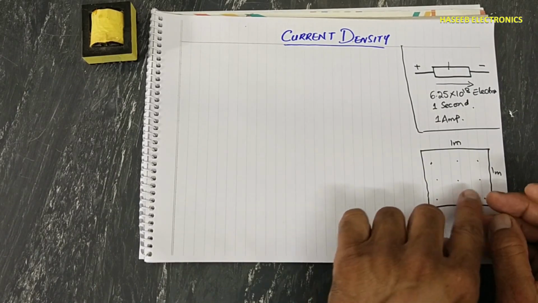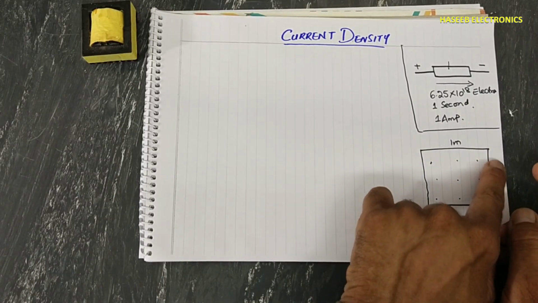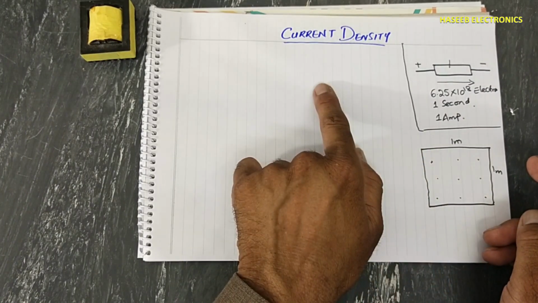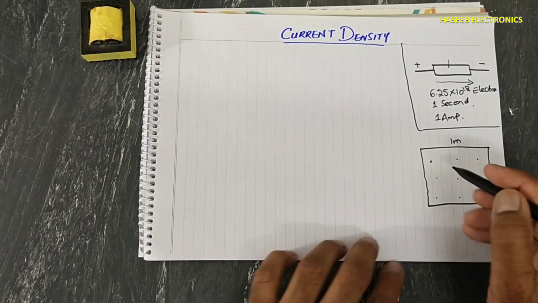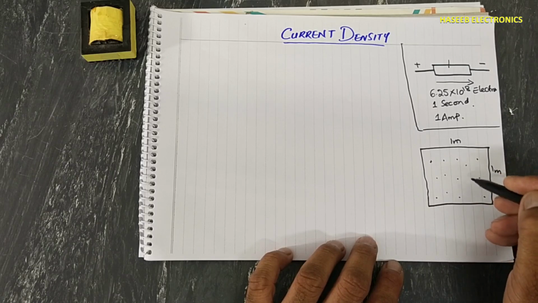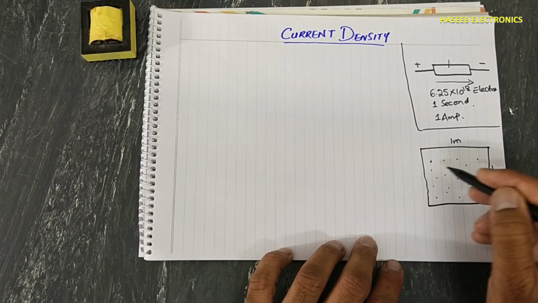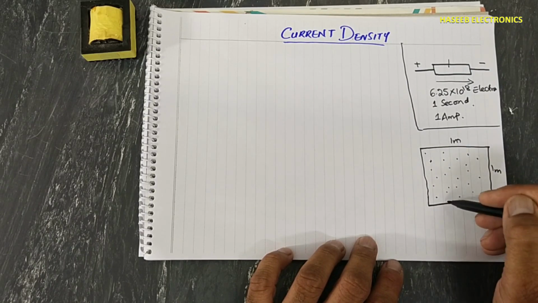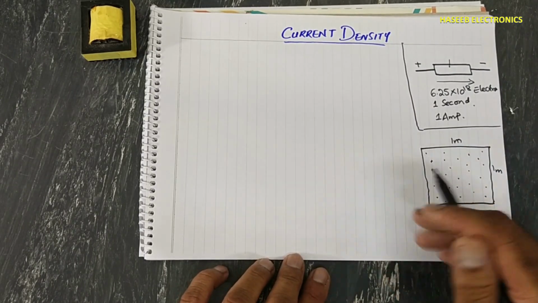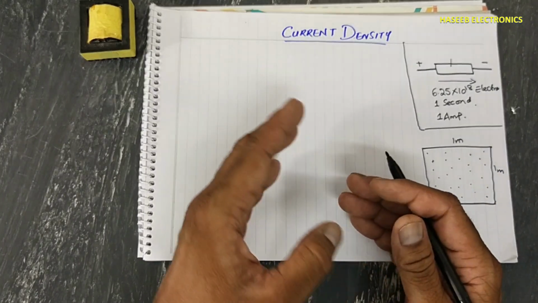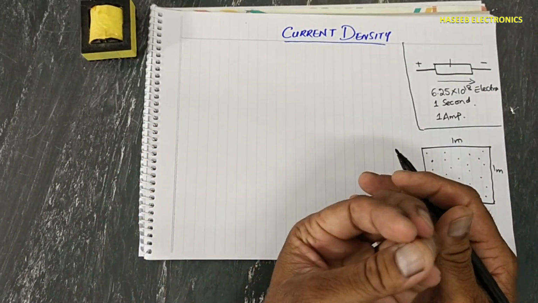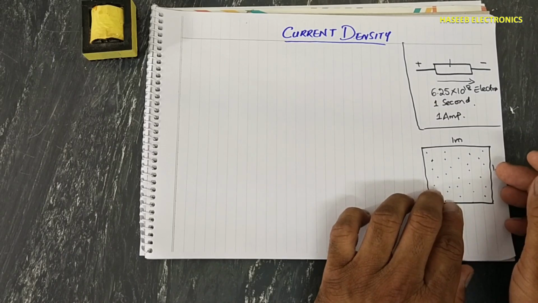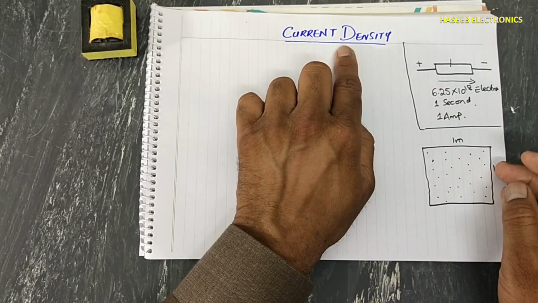When we show a number in any dimension, it is called density. If there are too many people here, it will be called a highly populated area. If we know the population of any area, we say in 1 kilometer, how many people are living there? That is density, population density. Same here.